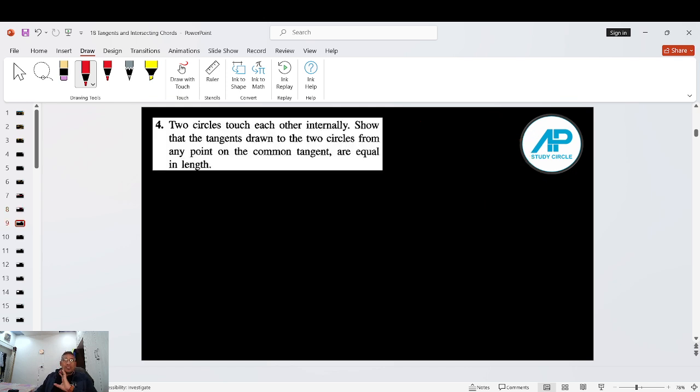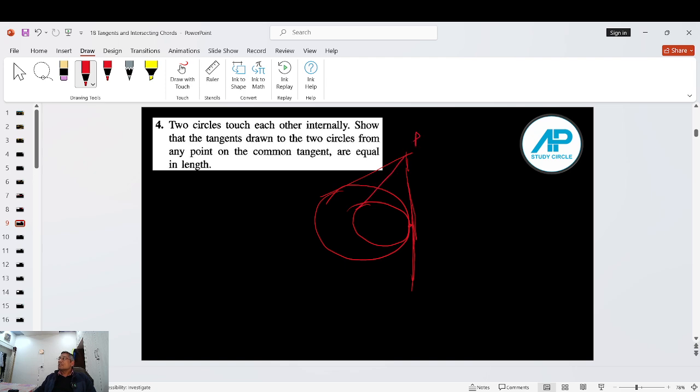Next question. The same question, with a slight twist. The circles touch internally, the bigger circle and the smaller circle. Show that the tangent drawn to the circle from any point on the common tangent are equal. Excuse the diagram, please. The common tangent, and I draw two tangents here.